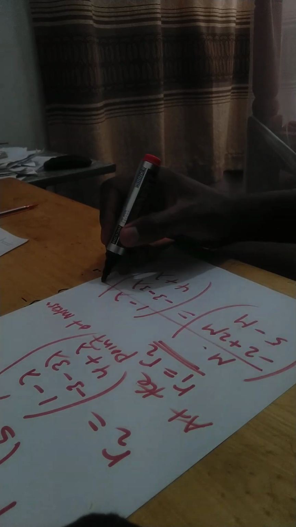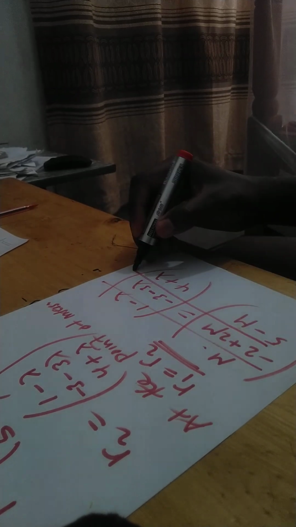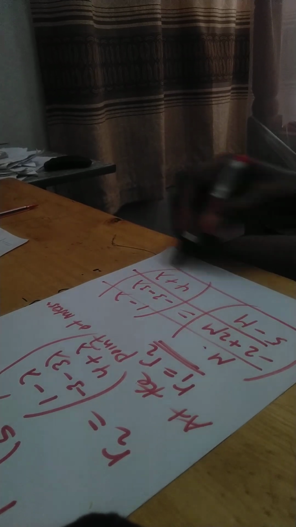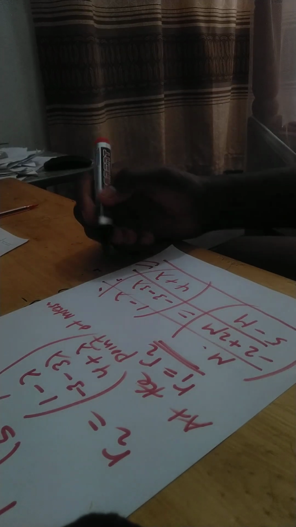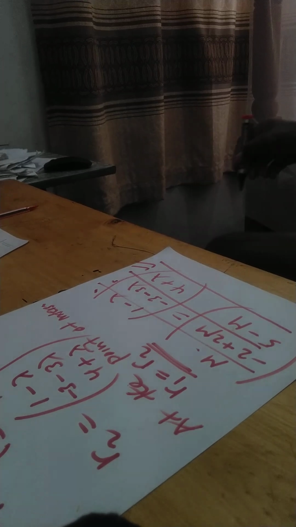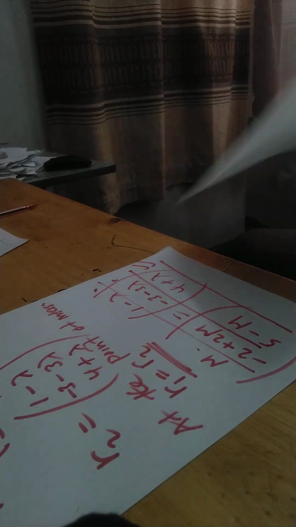This one is equal to that, this next one they are equal, and also this one they are equal. This one is for proving, and these are for solving to get the values of mu and lambda respectively.